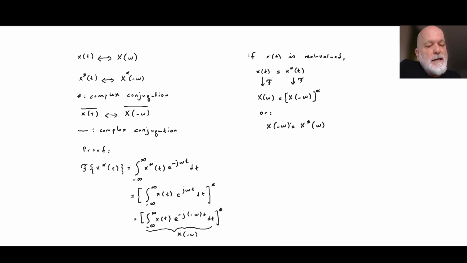For real valued signals, this relationship is satisfied by the Fourier transform, which is an important result because it tells us the following. For real valued signals, it is sufficient to know the Fourier transform for positive frequencies, because you can obtain the Fourier transform expression for negative frequencies by using this expression.